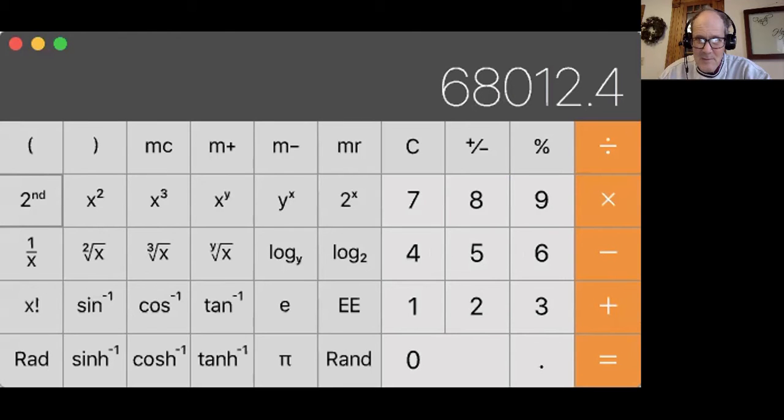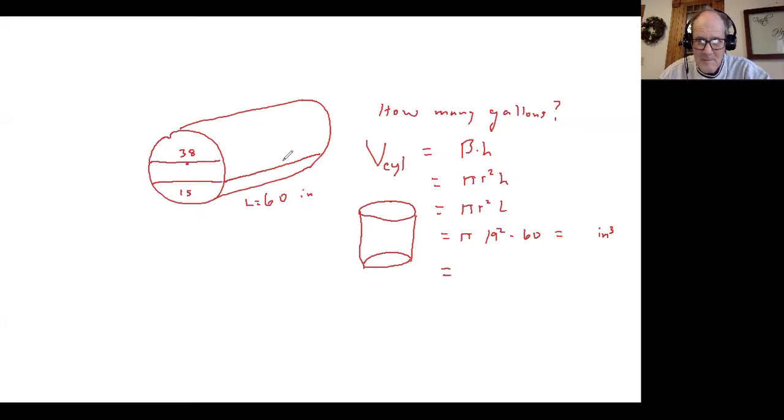Okay, let's go back to our paper. So we have 68,012.4 cubic inches. Now, if you look it up in some source, any source, 1 gallon is 231 cubic inches.